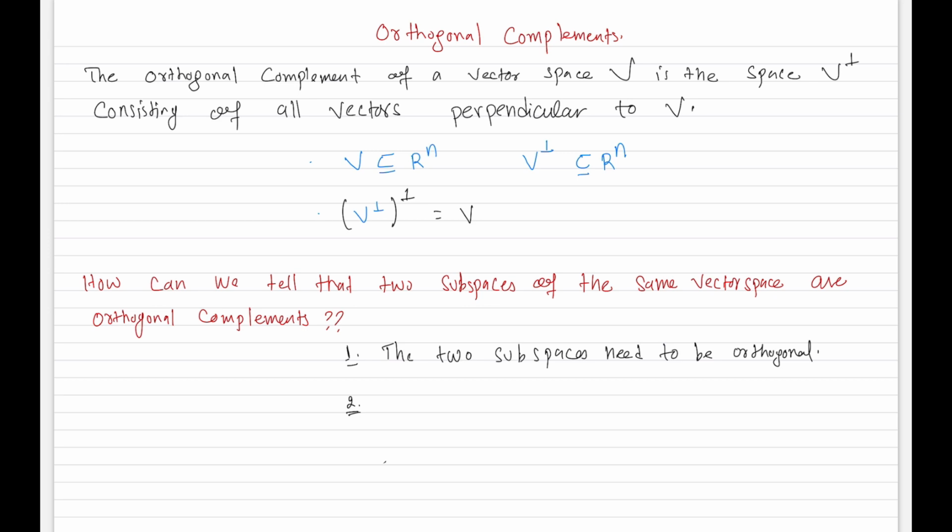सेकेंड पॉइंट क्या है कि उनके अगर हम डायमेंशंस को ऐड करें देन यू विल गेट बैक द कंप्लीट डायमेंशन, राइट? उनके डायमेंशन को जैसे ही आप ऐड करोगे you will have the complete dimension, right, where they belong to.